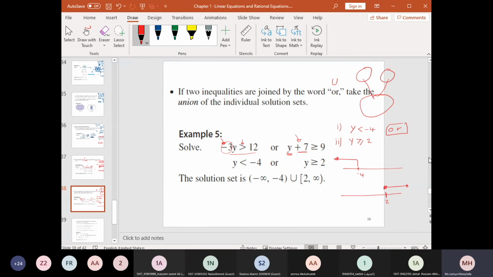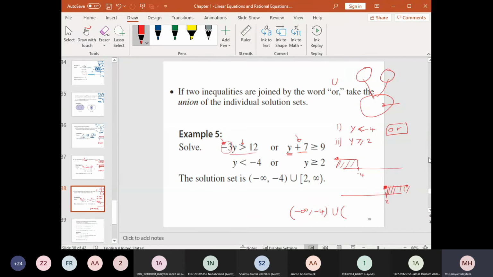So I need all this part up to infinity and all this part up to infinity. Why? Because I'm getting the union. So from minus infinity up to -4, open at -4 only, no equality, so open here, then the union bracket.